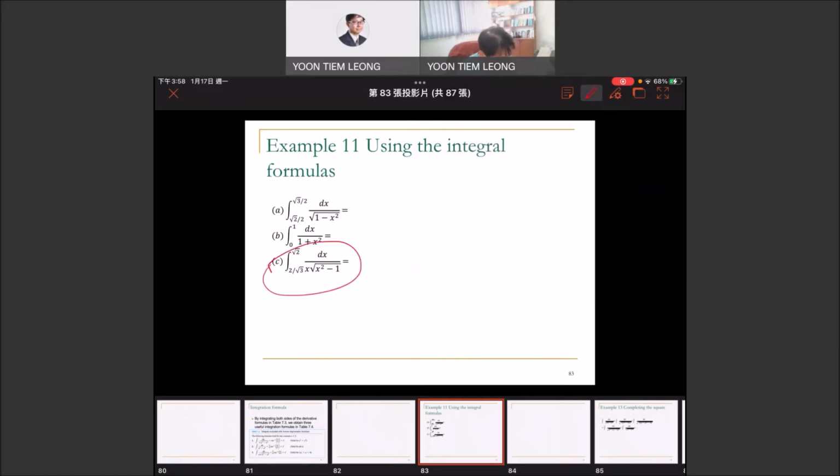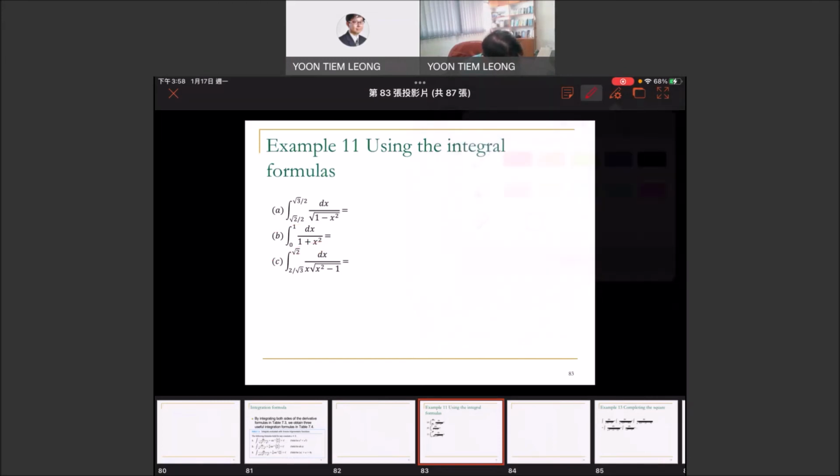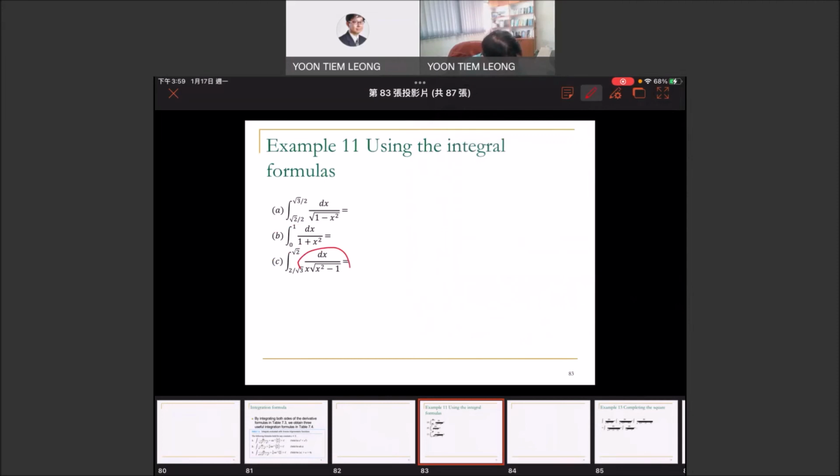So again, here you recognize this to be in the form of the integration that is the secant. Okay, let me write this more accurately. So this result is the integration of 1 over x times the square root of x squared minus 1, dx.